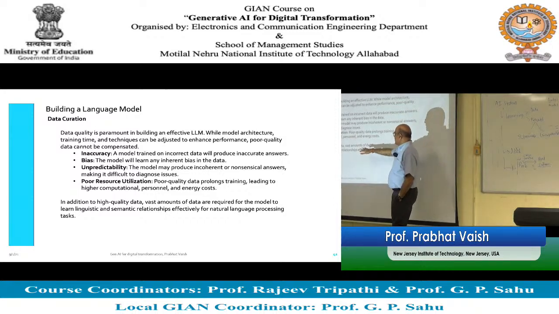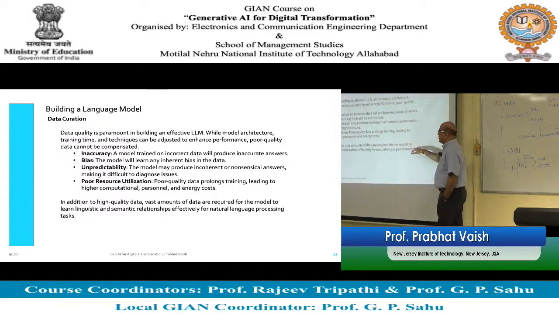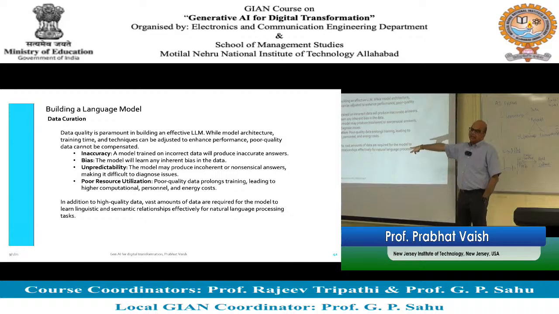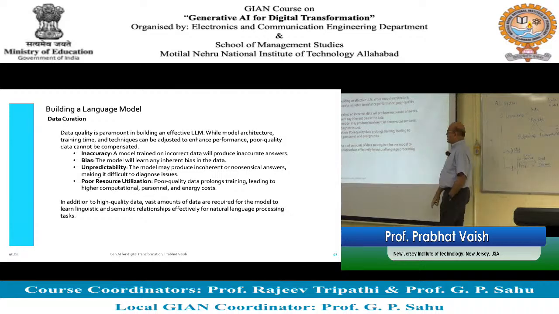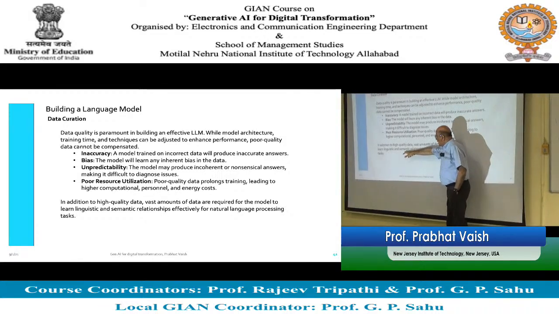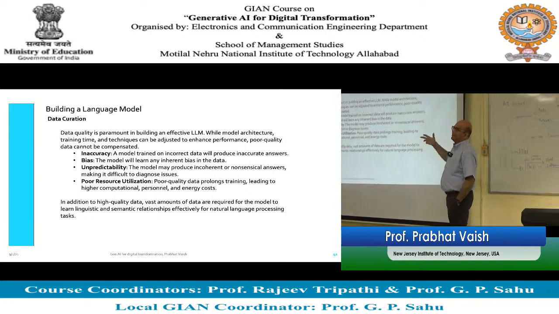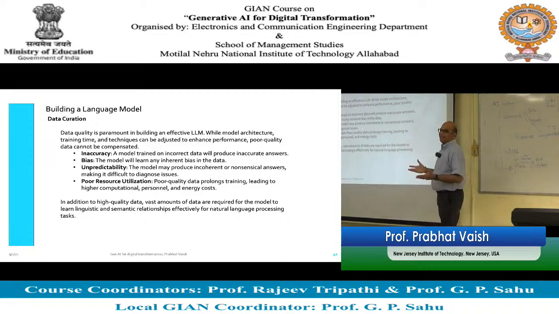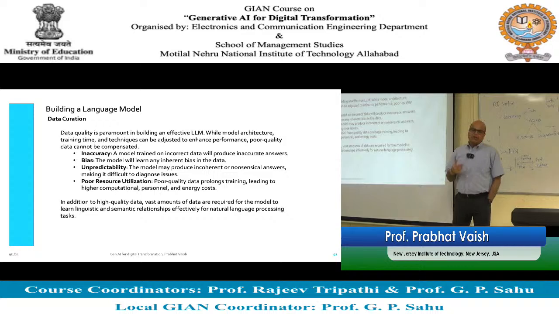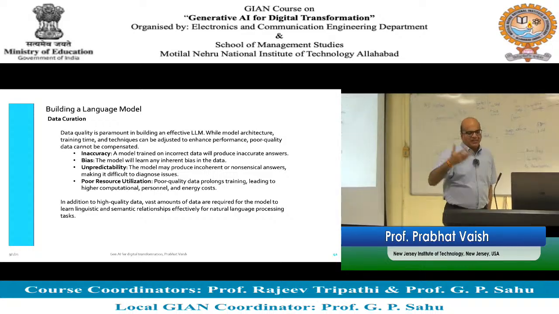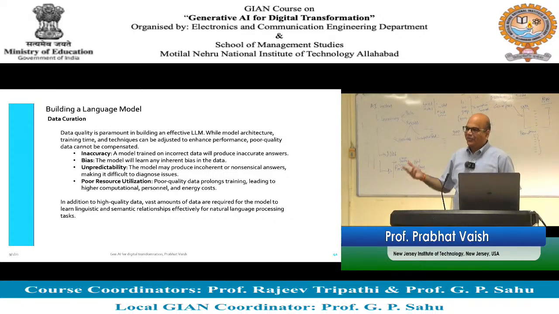High quality data, a large amount of data, is required to learn both linguistic and semantic relationships. Keep in mind one thing I mentioned there. What was observed is that semantic relationships are learned by the model only when it has a larger size, in terms of dimensions, in terms of neurons, and in terms of the data. So if you want to get to that point, I mean, billions of weights and biases.